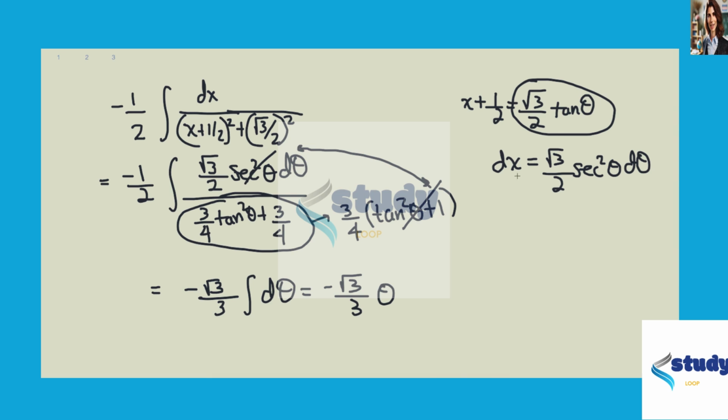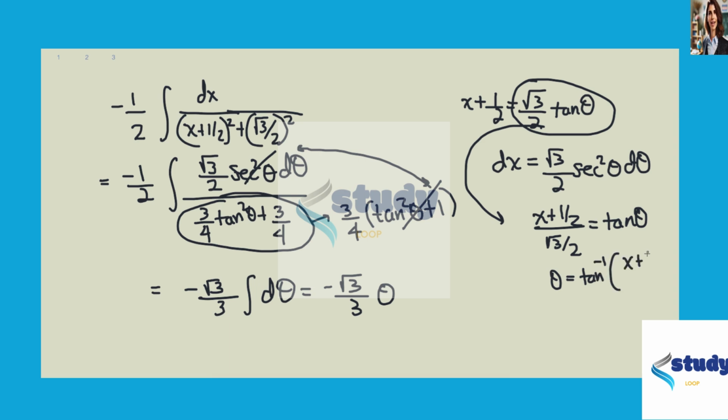And then at this point, use your trig sub to solve for theta. So theta equals arctan x plus 1/2 over √3 over 2.